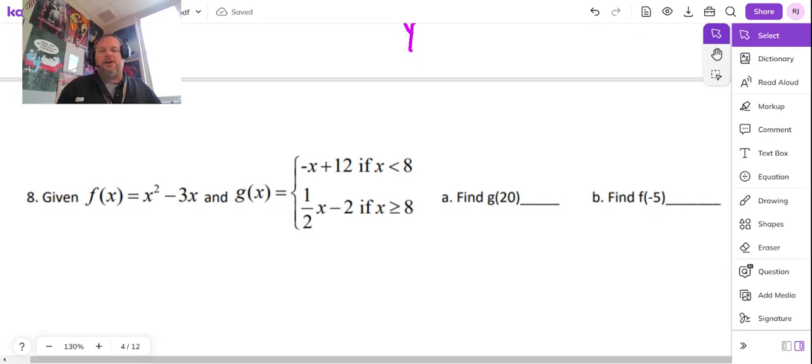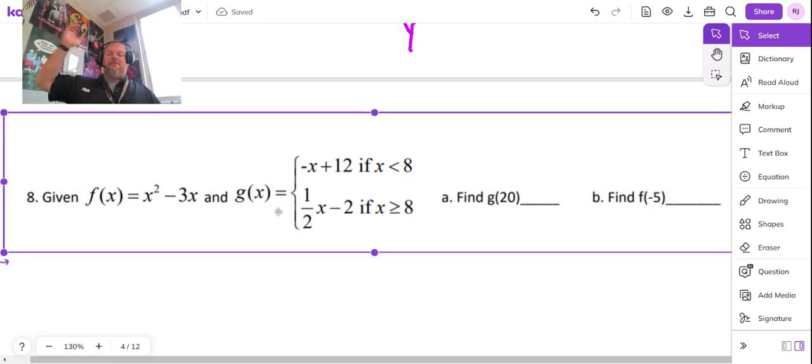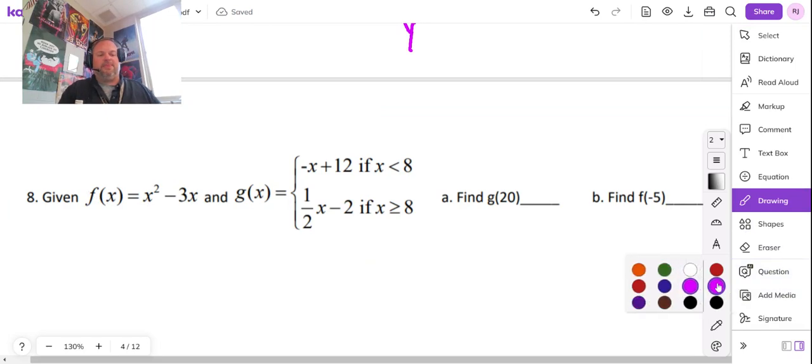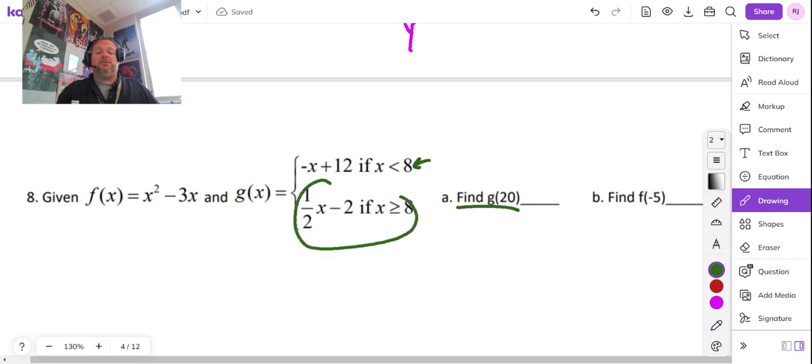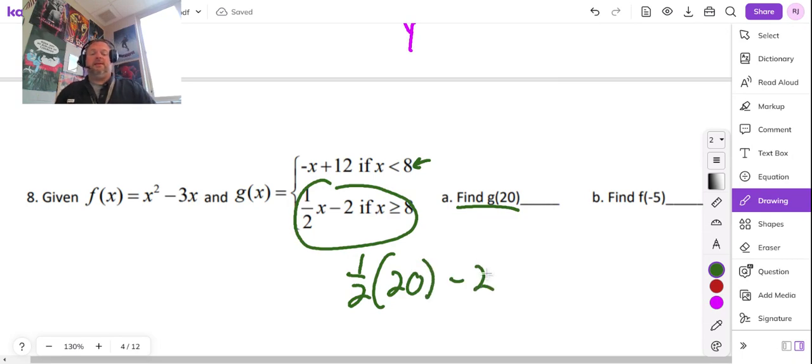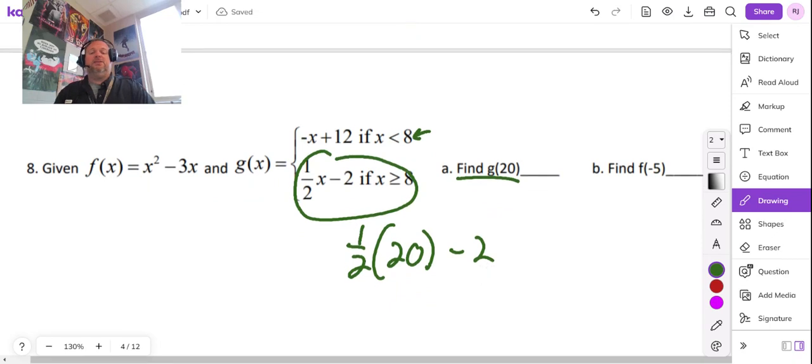Okay, so here's my f of x, here's my g of x. This says find g of 20. Now, is 20 less than 8, or is it greater than or equal to 8? Okay, so we're going to use this one. You could plug that into the calculator, or you could not.